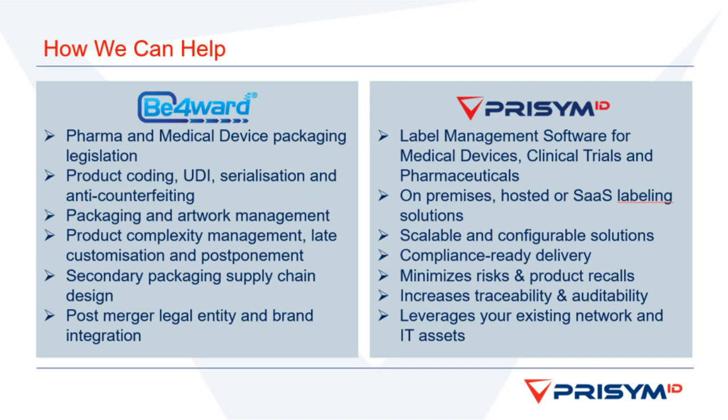Now, this can have a significant impact on the information that you're having to store against that individual device, so that when you come to reprocess it, you have that information available.